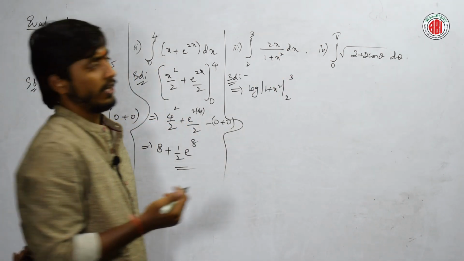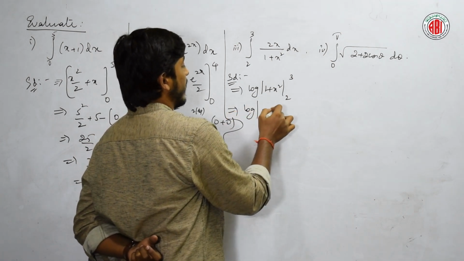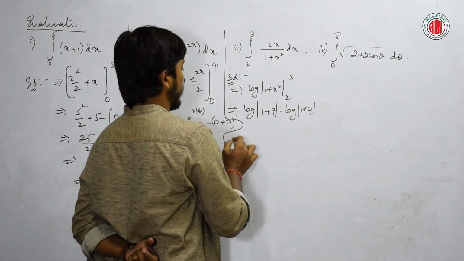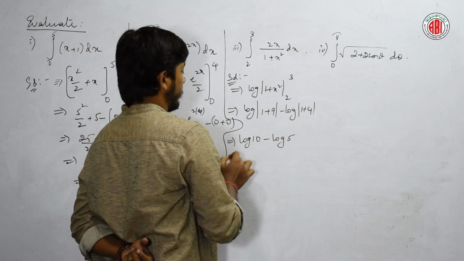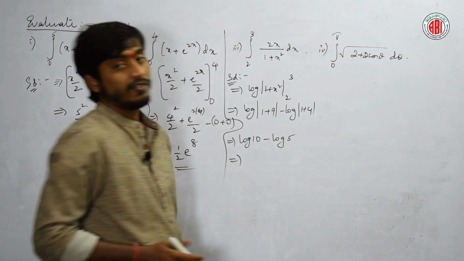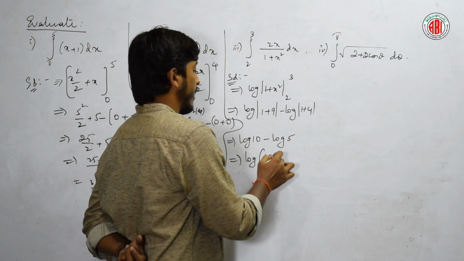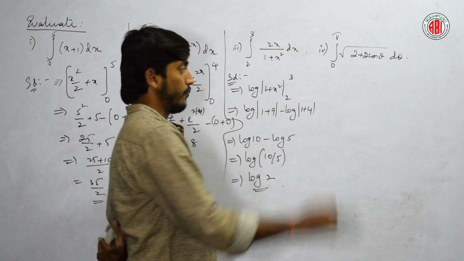Now we have to substitute it. What do we get? Log 1 plus 9 minus log 1 plus 4, which is log 10 minus log 5. Log a minus log b, what is the formula? Log a by b. Log a by b, which is log 2.